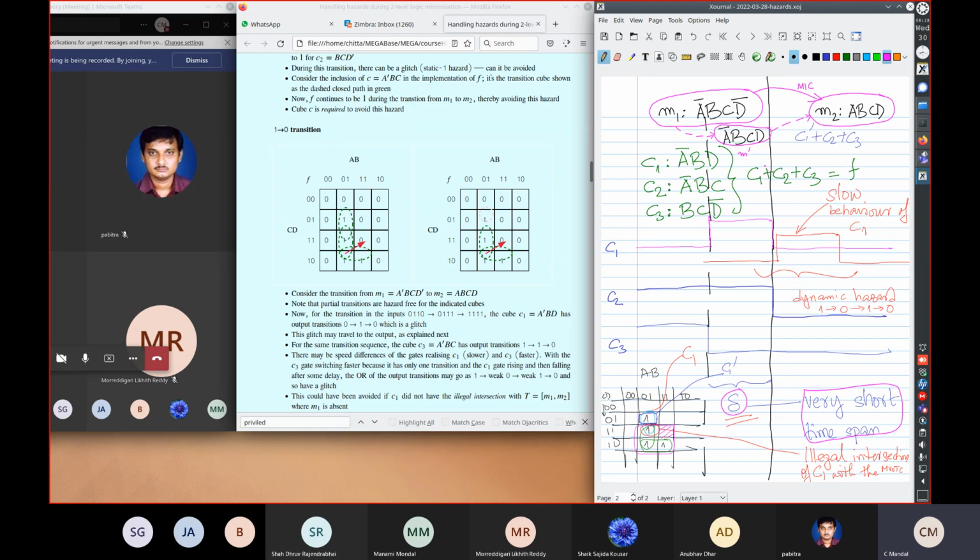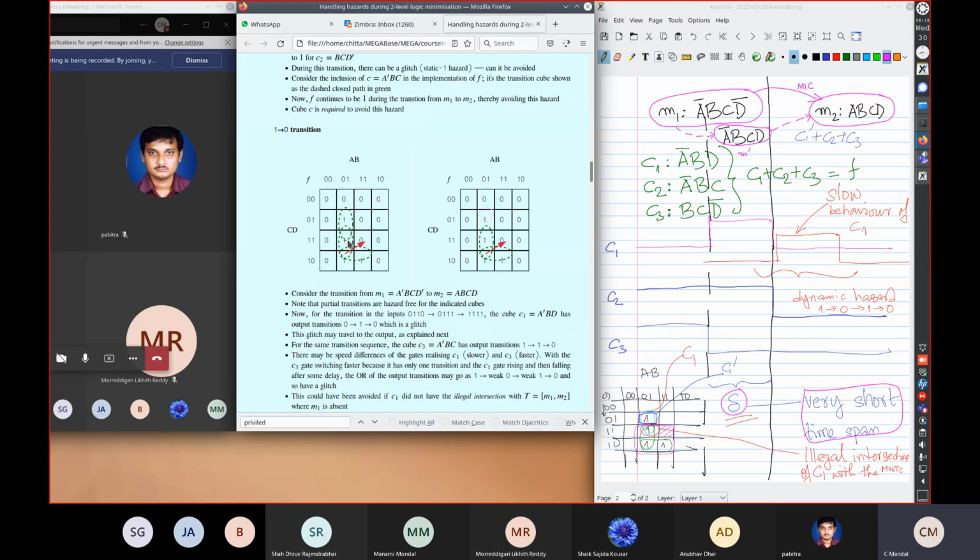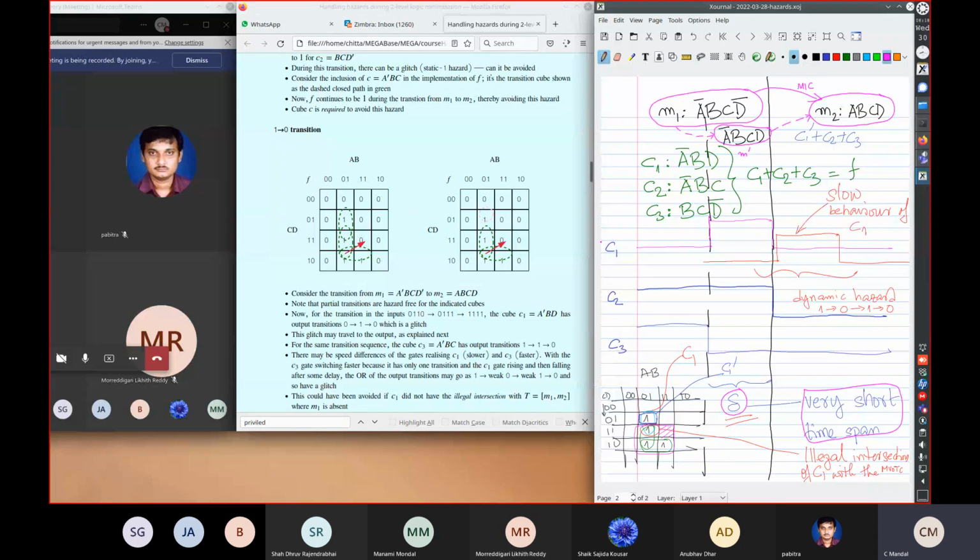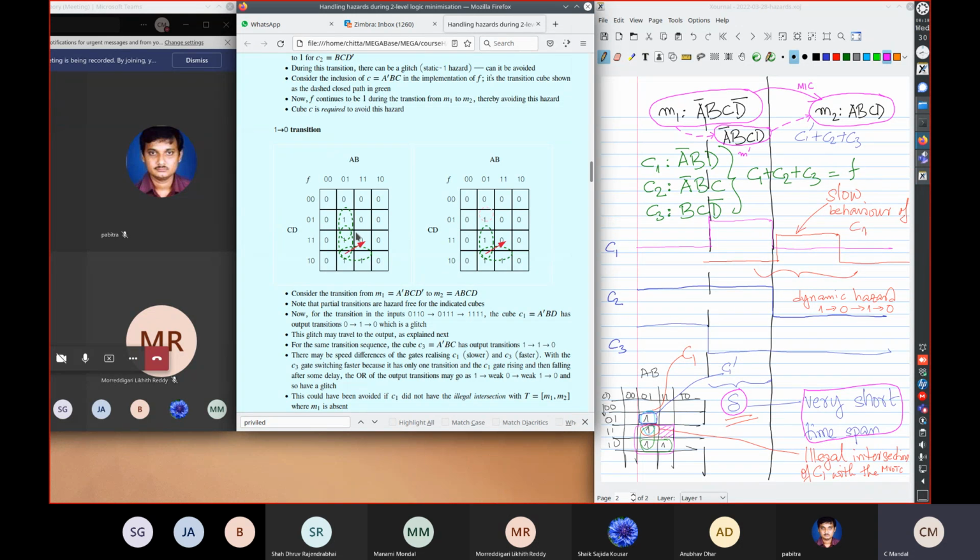C2 becomes 0 only when we reach M2. But C1 plays a fleeting role.